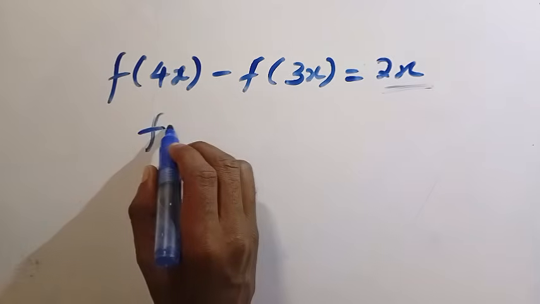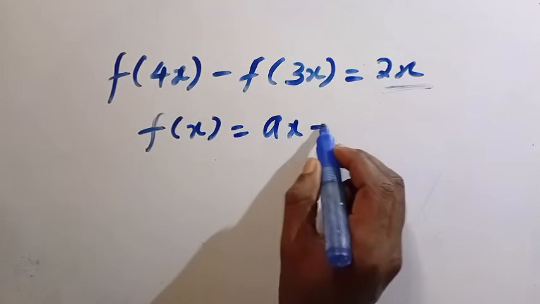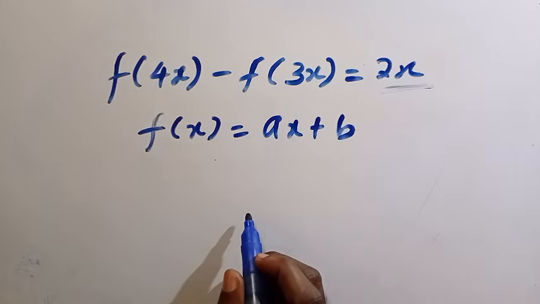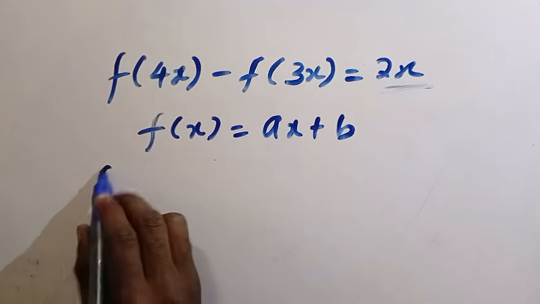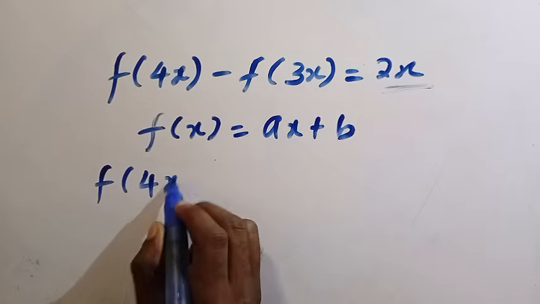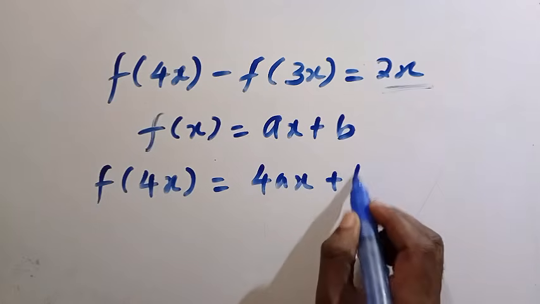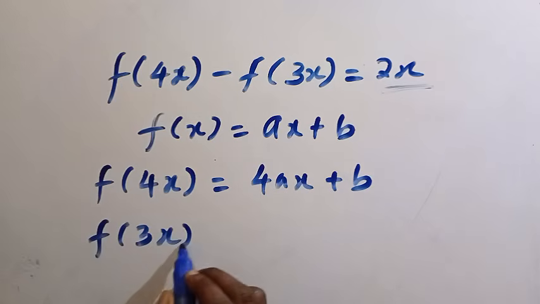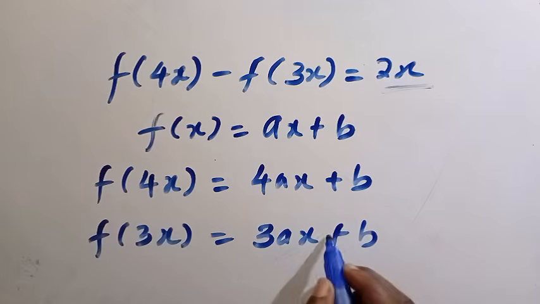Let's say our f of x here is given as ax plus b. Because of this, let's keep substituting. For f of 4x, we have this as 4ax plus b. For f of 3x, we have this as 3ax plus b.